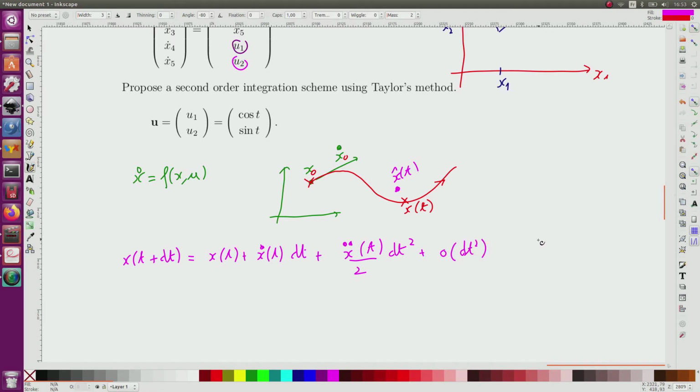So here it is a second order Taylor expansion.